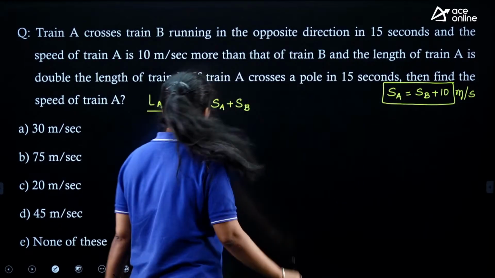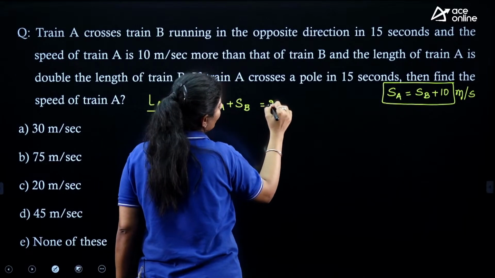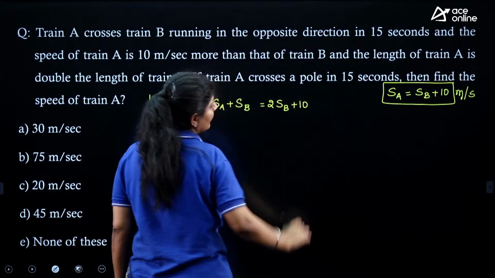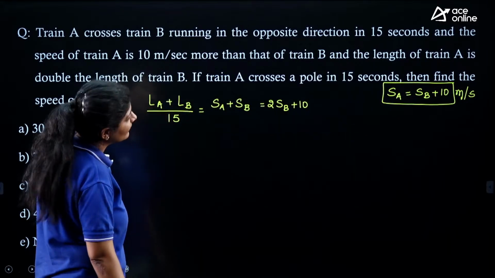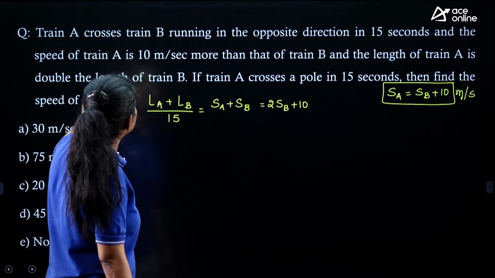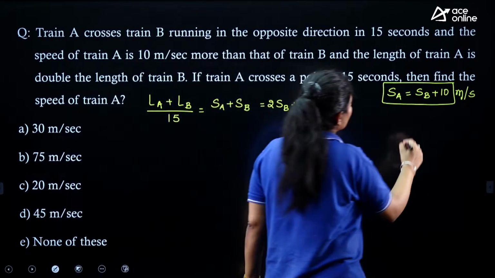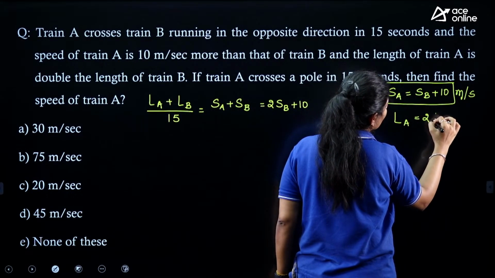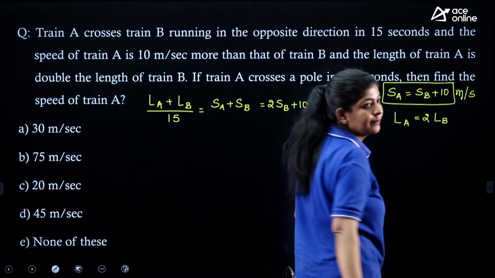So what we can do, we can just replace it as twice of speed of train B plus 10, right? In the next line it is given that the length of train A is double the length of train B. So it is also given that length of train A is nothing but twice of length B, right?